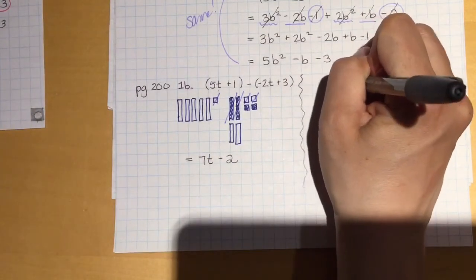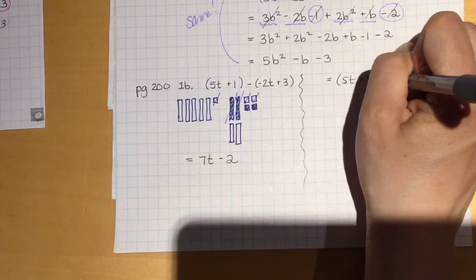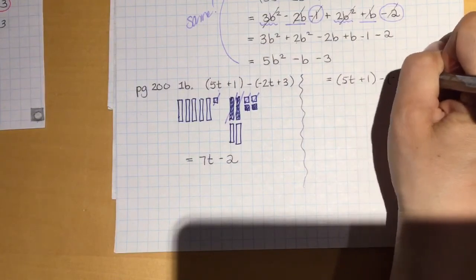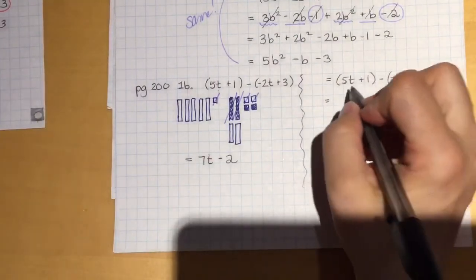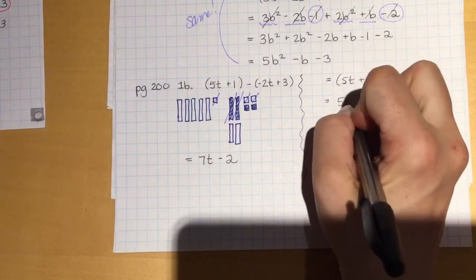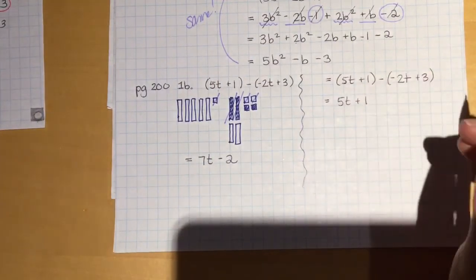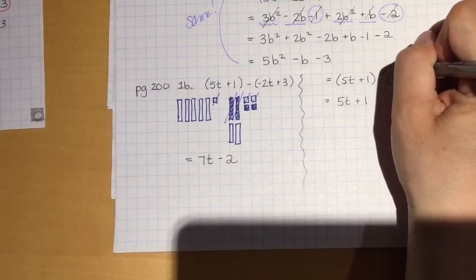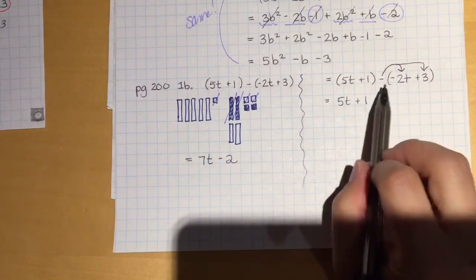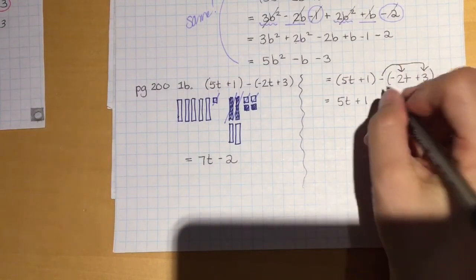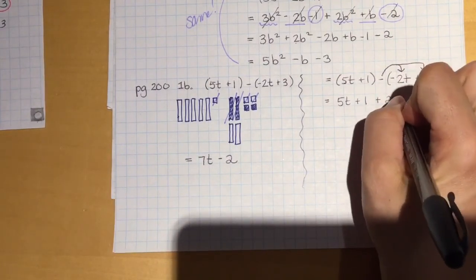So 5t plus 1 minus 2t plus 3. We're going to take away our brackets. First we have 5t plus 1. And then again, I'm going to multiply every term inside the bracket by that negative. So negative times negative is plus 2t.